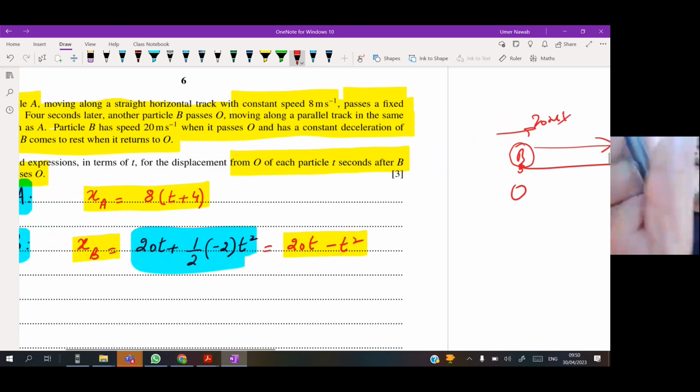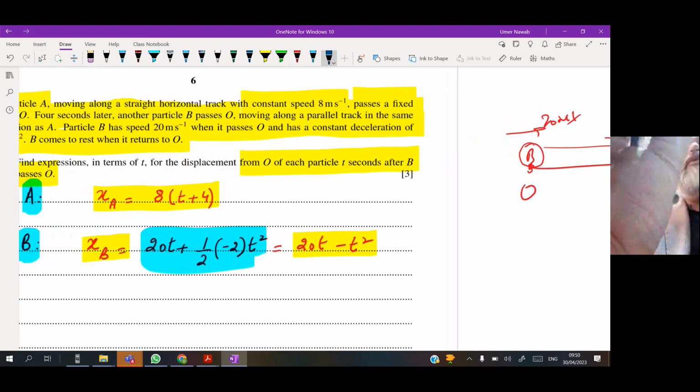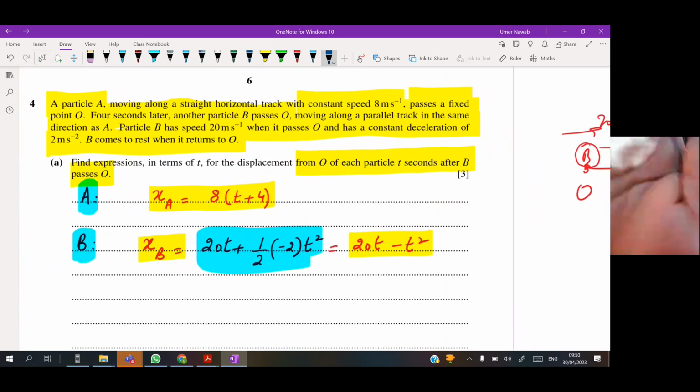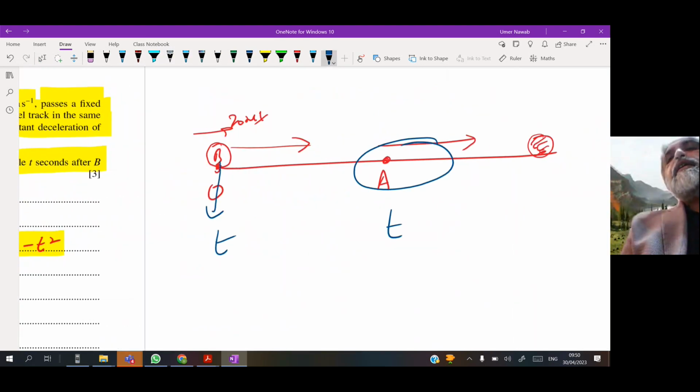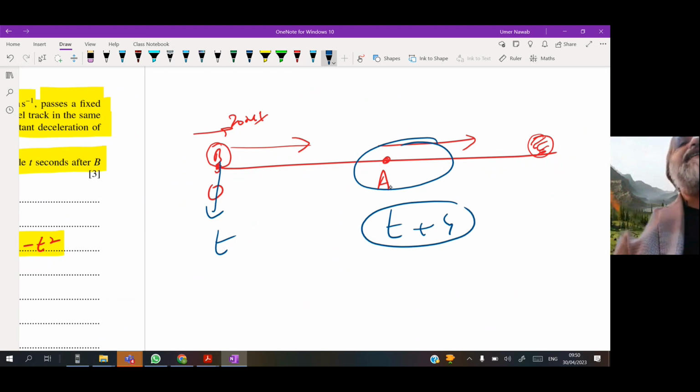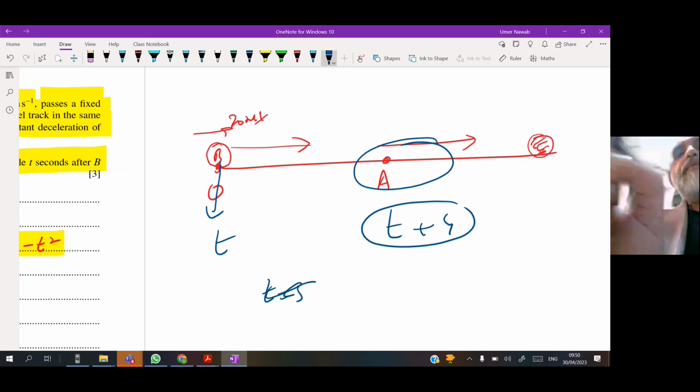Now, the examiner has categorically mentioned that you need to consider the time after B passes O. So it means if B takes t time, definitely A will take t plus 4 time because A started its journey 4 seconds earlier. For example, if t is equal to 0, I substitute it here.